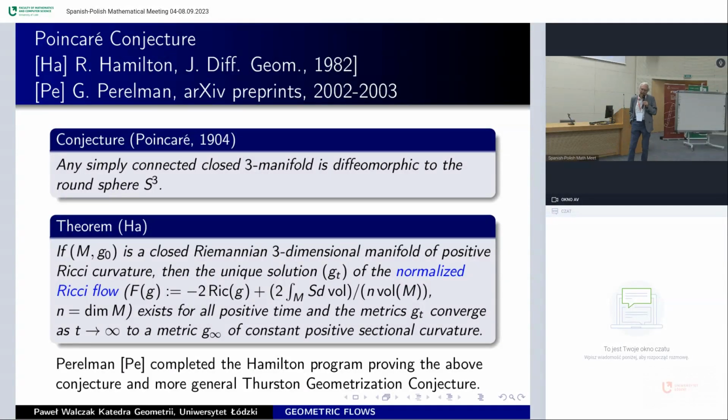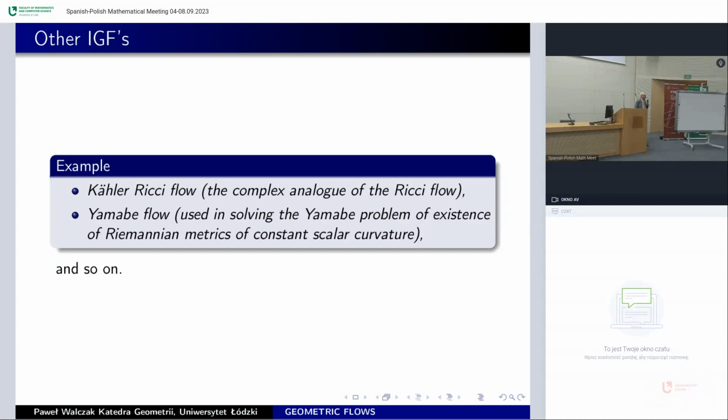But anyway, many people verified these preprints and declared that the result is correct. So this Ricci flow was used to prove one of the most famous conjectures in the history of more or less contemporary mathematics.